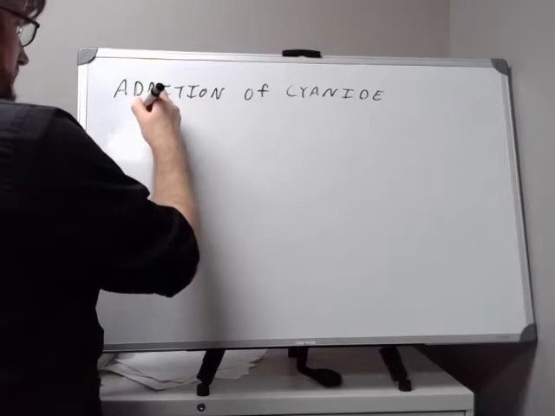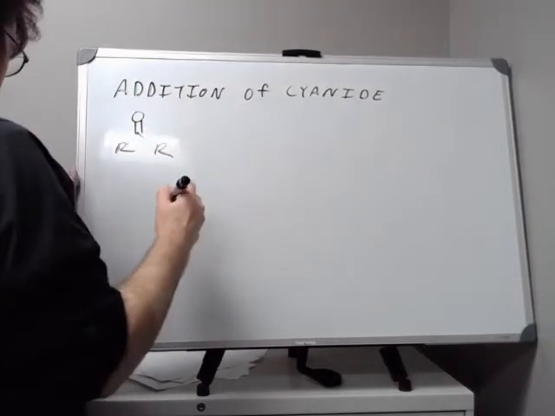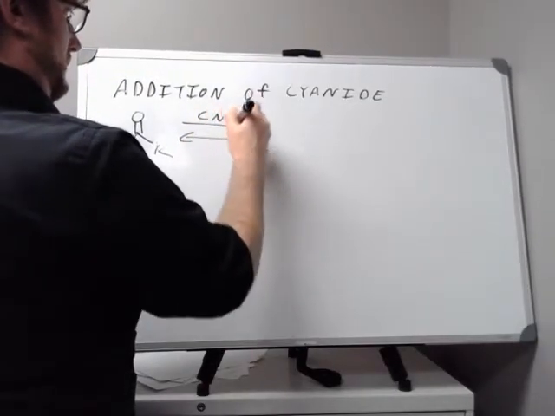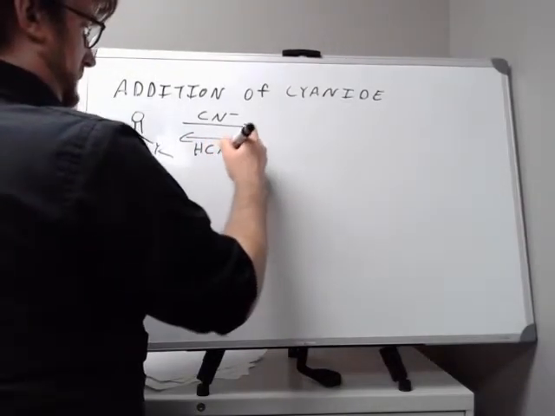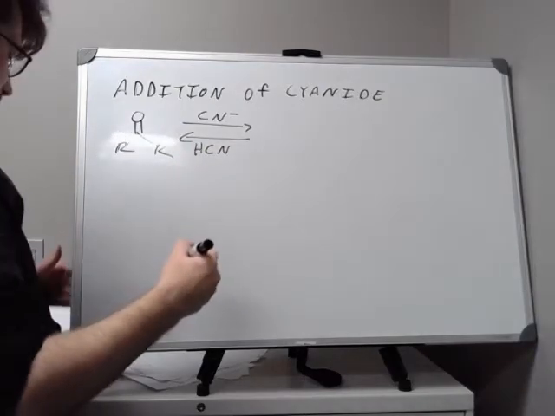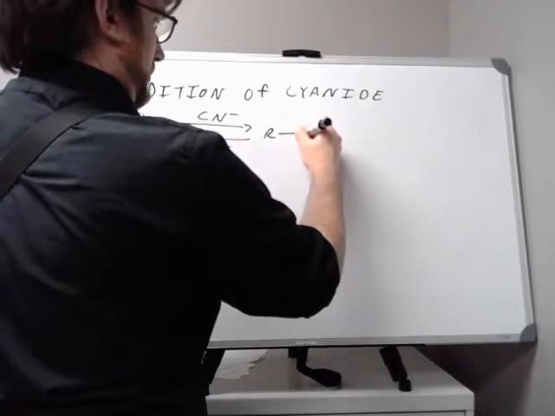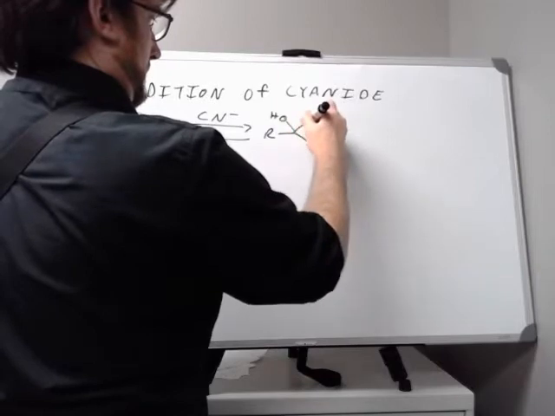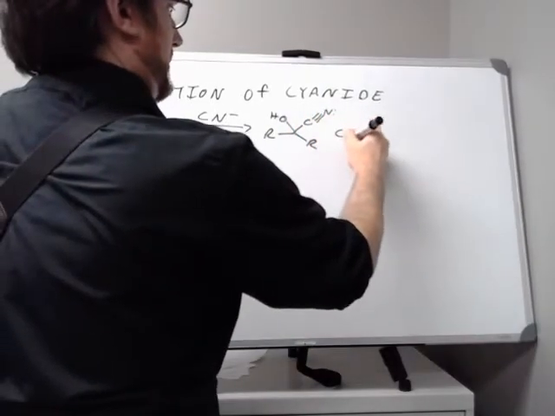That we have, say, a ketone in the presence of a cyanide ion, and with hydrogen cyanide, it's an acid catalyzed reaction that will get what is known as a cyanohydrin.